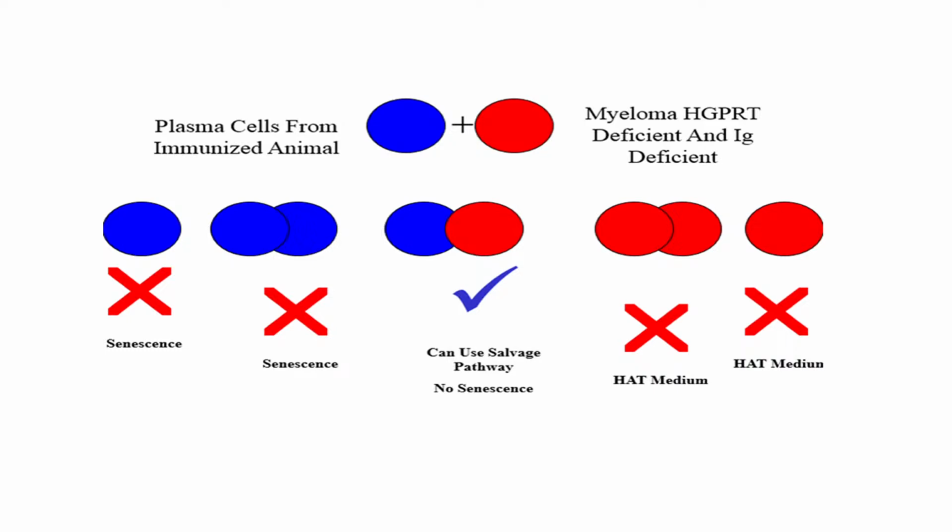These hybrid cells, or hybridoma cells as they are known, are the only ones which will survive in your HAT media, because even though the de novo pathway is blocked, the salvage pathway will be active because of the HGPRT enzyme present in the B cell that has been fused with your myeloma cell. And the myeloma cell will give the characteristic of immortality, so they can divide for any number of cell divisions. So no senescence. This is how the selection step occurs.